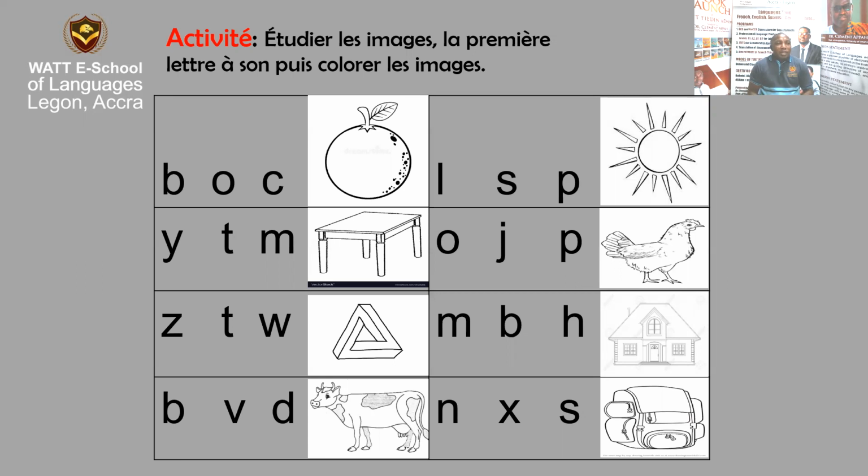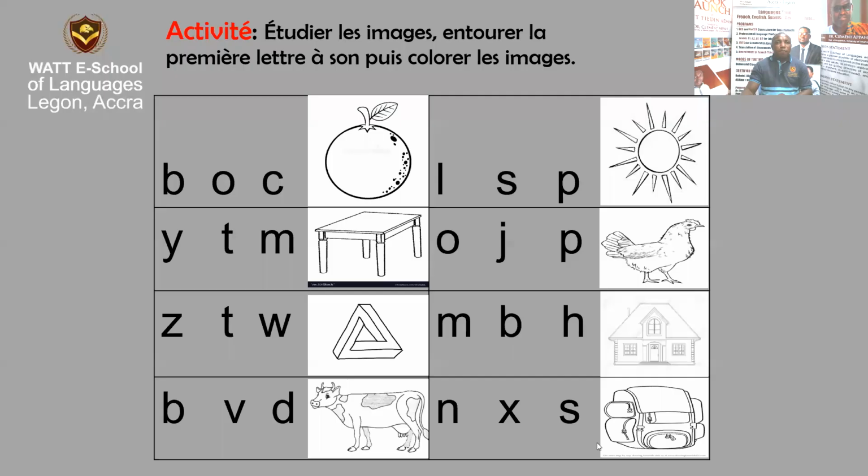When you look at the images, there are some letters against them. I am going to read the name or pronounce the name of the item, and you let me know the letter that sounds. It's very important here.